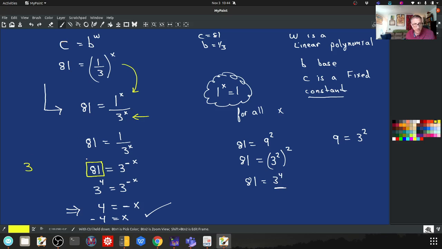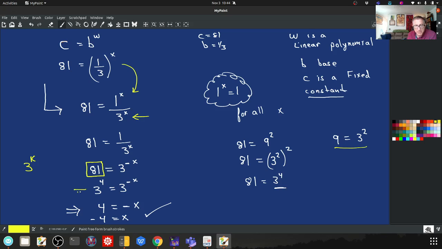So once I've done that, I have to try to convert 81 into 3 to some power k. Now I have to find k, and I found k was equal to 4, because 81 is 9 squared, but 9 itself is 3 squared. So 81 is 3 squared squared, which again, using exponent rules, gave me 81 is equal to 3 to the 4th.